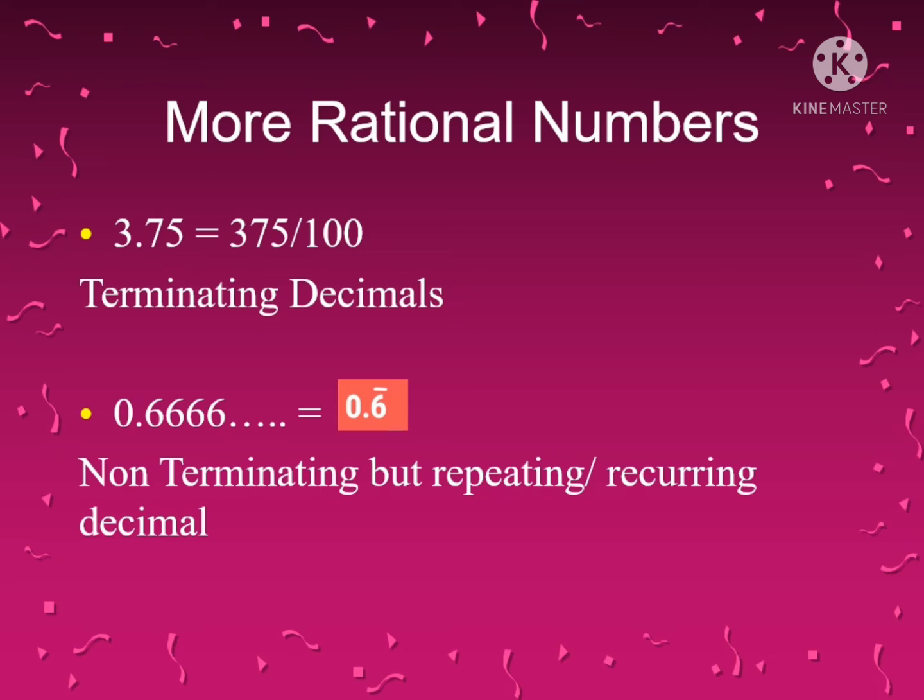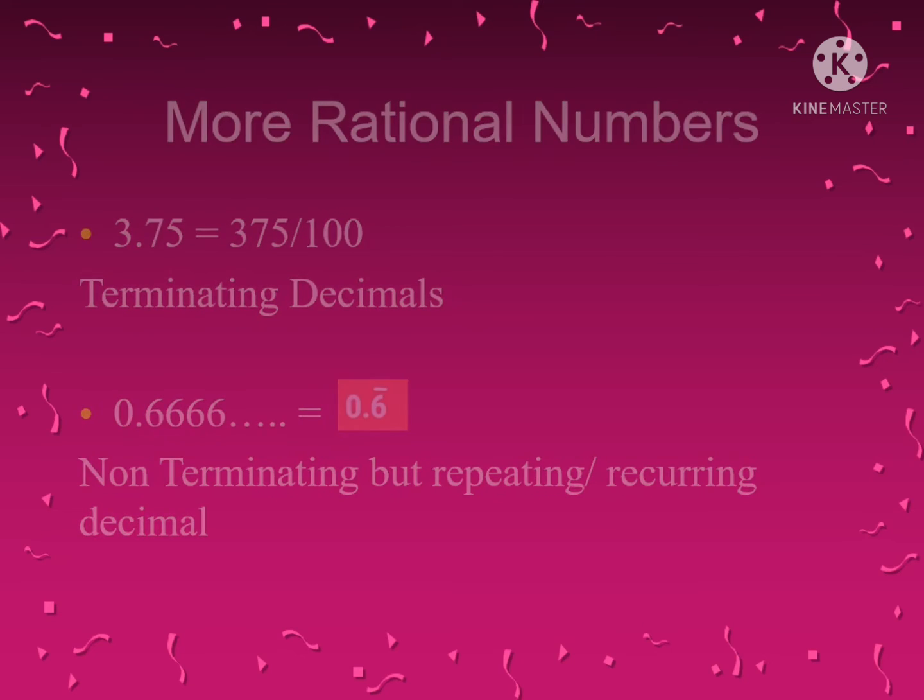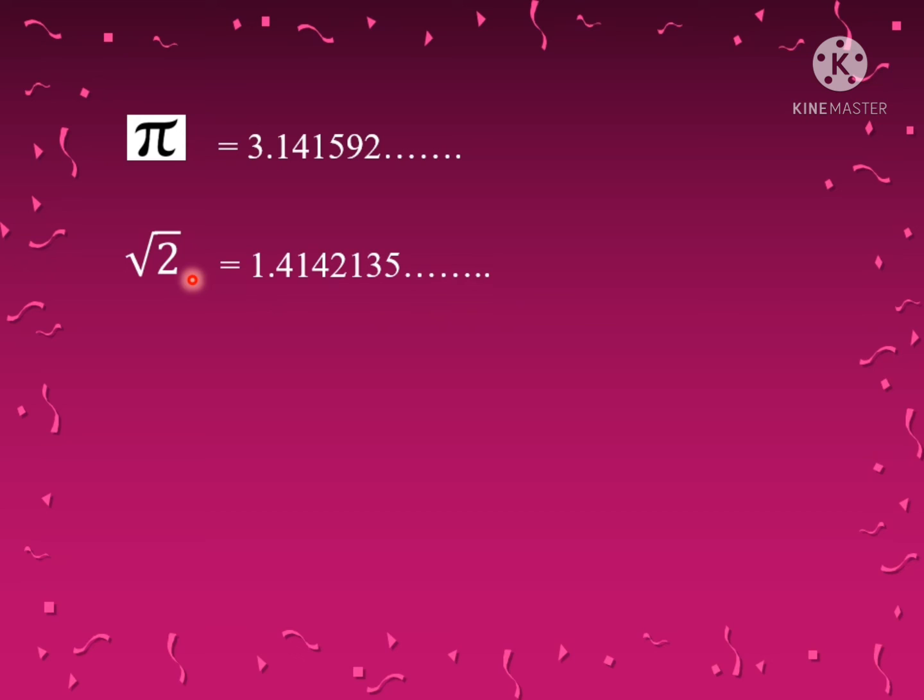So what do you think? Are all decimal numbers rational numbers, or are we left with any other numbers? Let us check. Now suppose we have pi. The value of pi, you know, is 3.141592 and so on. Let us take a prime number 2. The square root of 2 is 1.4142135 and so on.